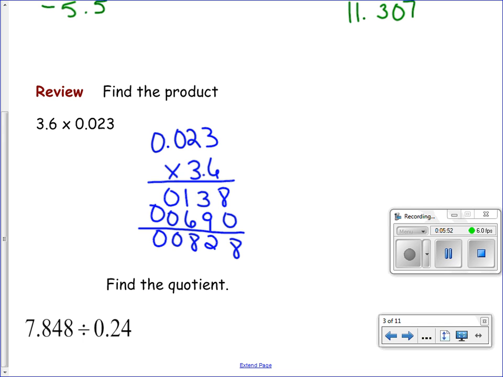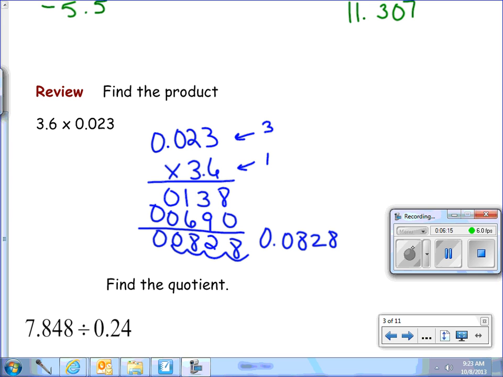Now, in this factor, there are 3 decimal places. In this factor, there is 1. So I'm going to move my decimal over 4 places in my answer. So my final answer is going to be 0.0828.